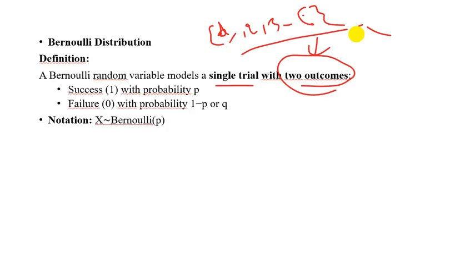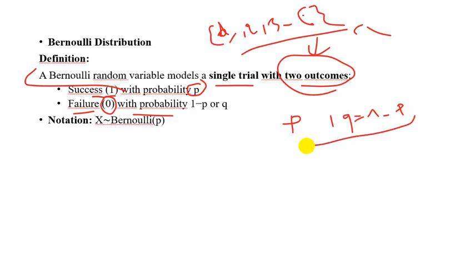So this is the Bernoulli random variable. It can get only two values, two outcomes, and we call 1 the success and its probability is P, and 0 is the failure with probability 1 minus P, because I have only yes or no, success or failure. So I have P and the rest is Q, and Q is 1 minus P.